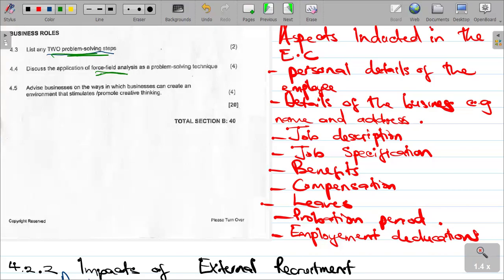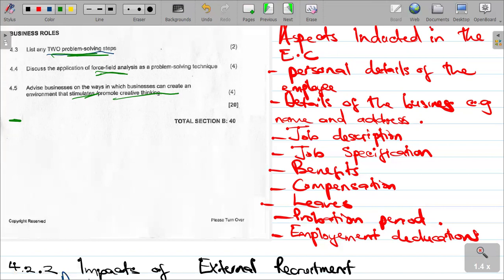Advise businesses on the ways in which businesses can create an environment that stimulates or promotes creative thinking. So let's advise businesses on ways to create, stimulate or promote creative thinking.